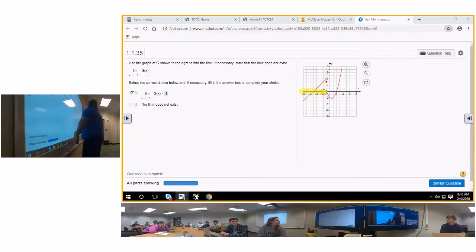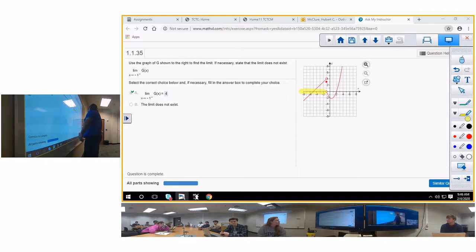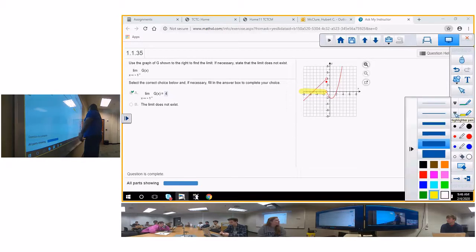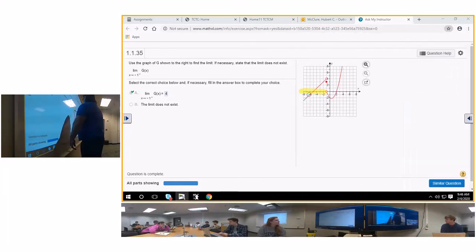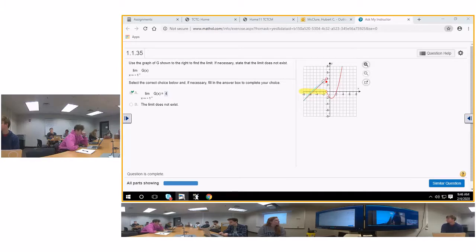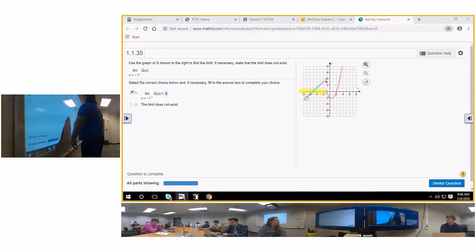And as you approach -1 from the left, you are actually on which line? You're on this line right here. So what is that blue line approaching as X approaches -1?